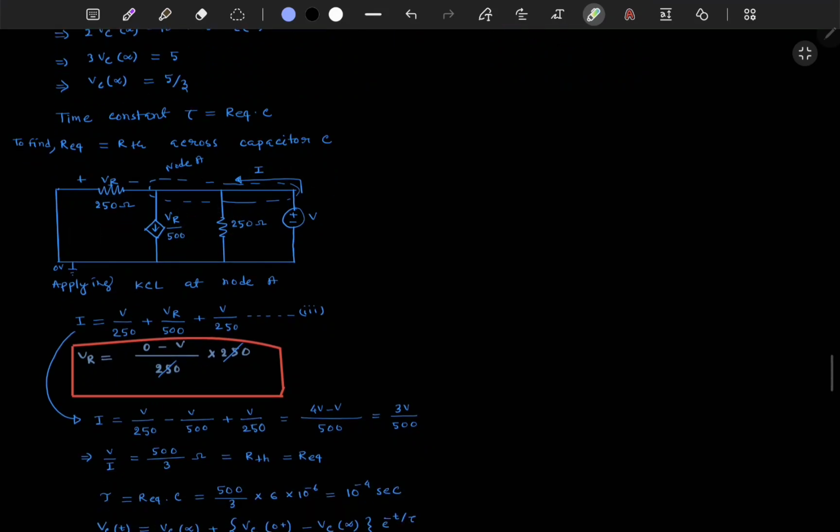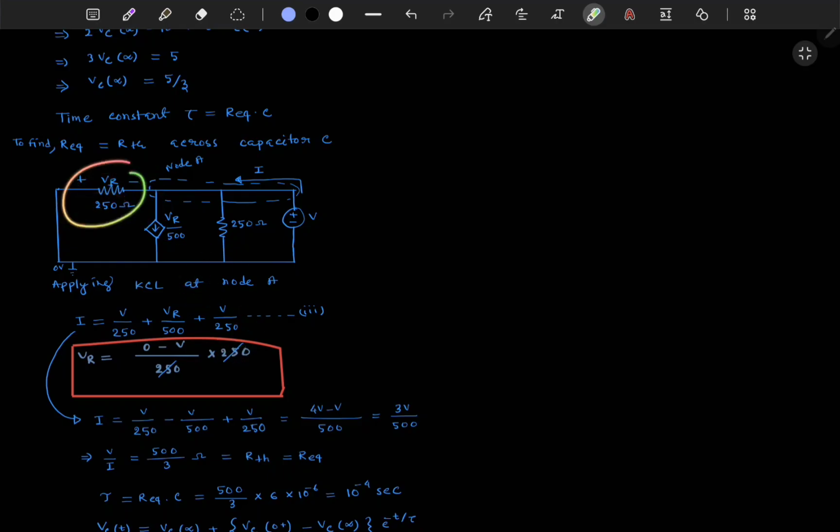Here VR is 0, because VR is defined with plus here and minus here, so we calculate it as 0 minus the node voltage, which is V only. From here to here it is all V only, so 0 minus V divided by this resistance.